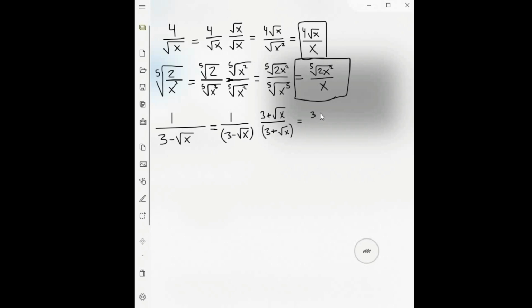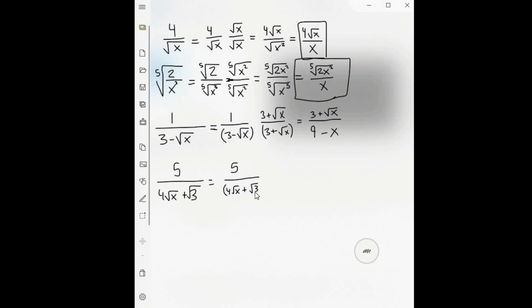You can do the long FOIL method to see if it's right, but if you remember the very quick method, you can simply just do this. 3 times 3 is 9. Square root x times minus square root x is minus x. And the same with this. We're just going to change the sign.